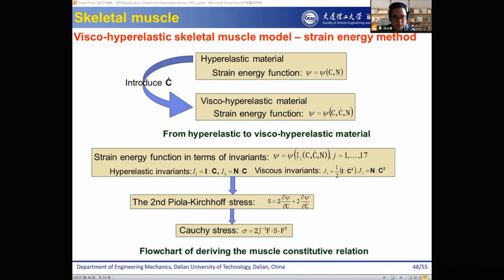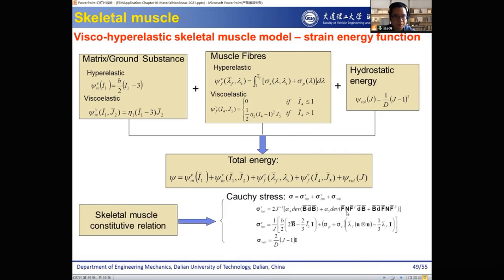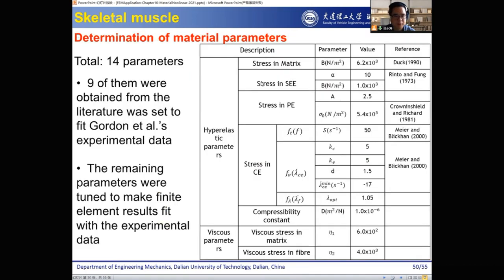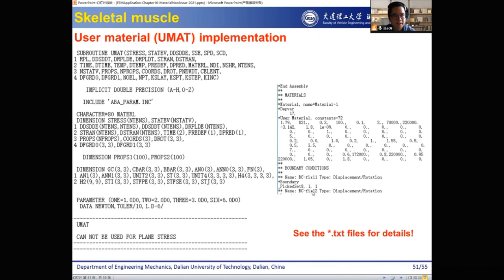Then we need to do the coding, using the user subroutine interface to put all those formulas in. We have many complex formulas, but it looks complex, yet it's very standardized. These are the parameters we defined in those equations, and the next step is the coding.